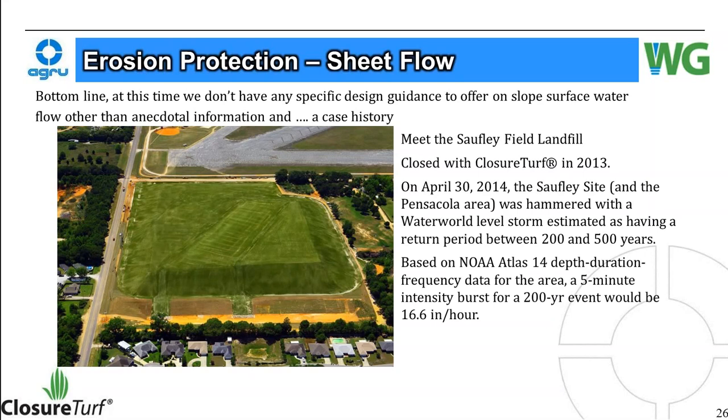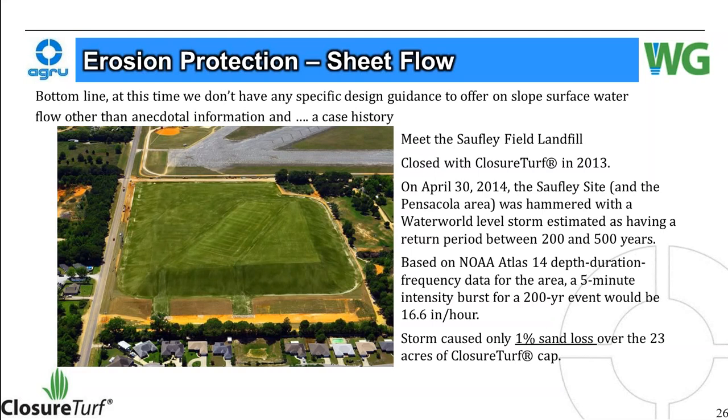From Atlas 14 IDF data, the 5-minute intensity burst for a 200-year event at this site would have been 16.6 inches per hour. It was just a phenomenal amount of water. And even though Pensacola got beat up pretty good by this storm, this site went through it with hardly a scratch.